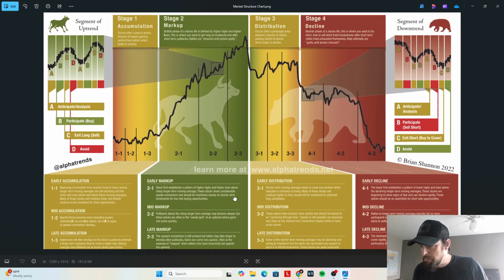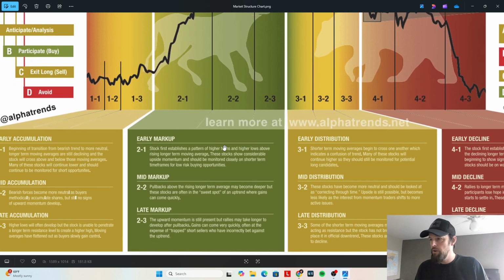Like it says at the bottom, the stock first establishes a pattern of higher highs and higher lows above rising longer-term moving averages. I'm not a huge moving average person, but moving averages are definitely, especially for beginners, a very, very simple way to see if you're going up or down. But anyway, just to finish this, these stocks show considerable upside momentum and should be monitored closely on short-term time frames for low-risk buying opportunities.